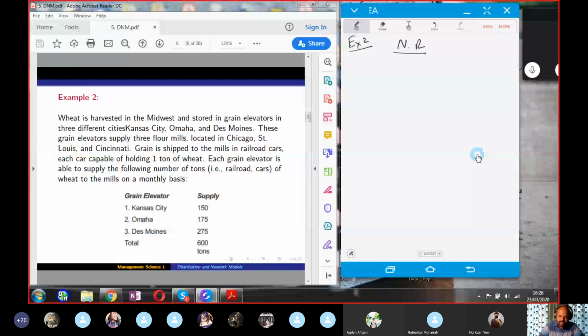If you read this example, you can see the suppliers. We have 3 suppliers. Just read as quick as you can. The supplies are 150, 175, 275. That is the maximum quantity each supplier can supply. These are Kansas, Omaha, and Des Moines.